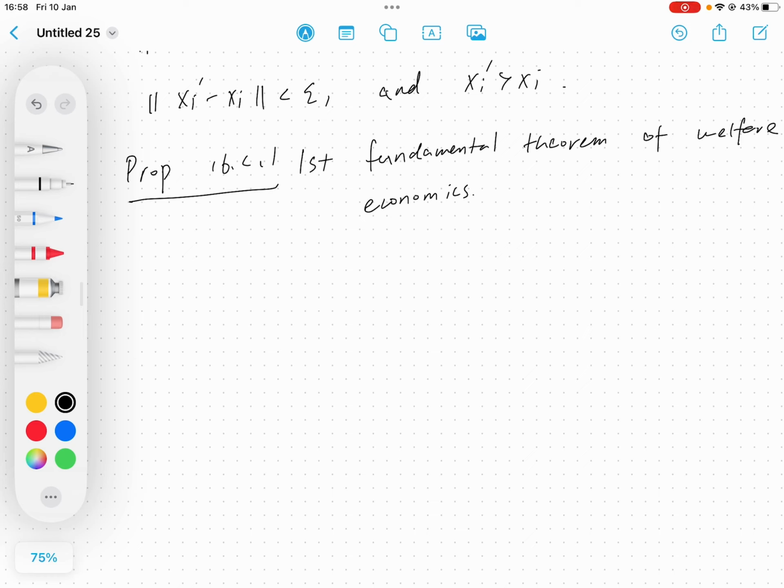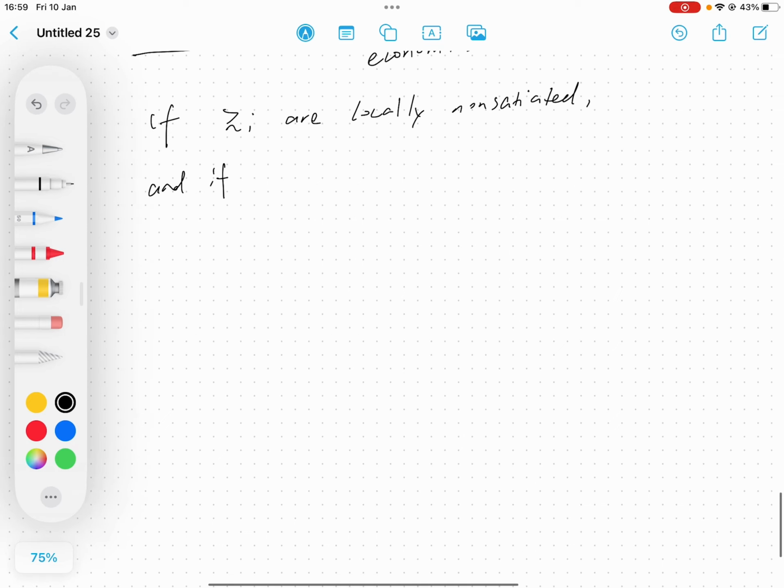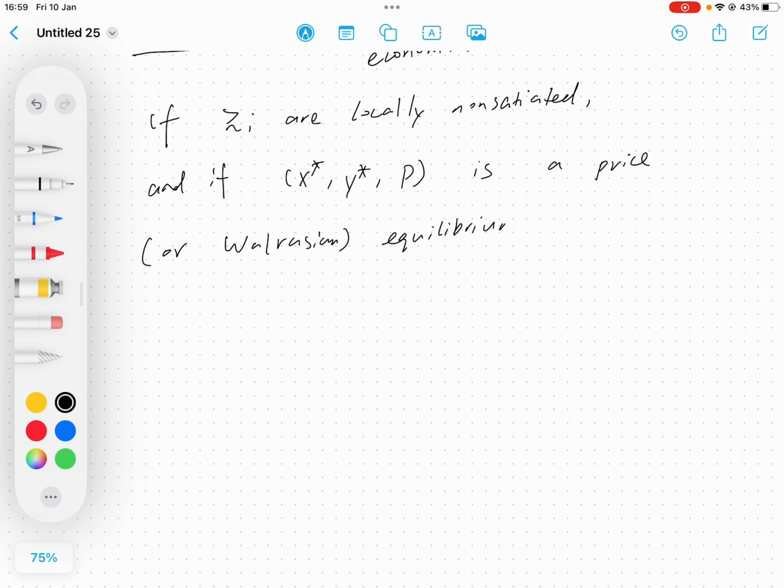So I'm going to say that if preferences for each i are locally non-satiated, and if the allocation x star, y star and the price p, this tuple, is a price equilibrium, or the Walrasian equilibrium, then the allocation x star, y star is Pareto optimal. We're going to skip the part with the transfers.